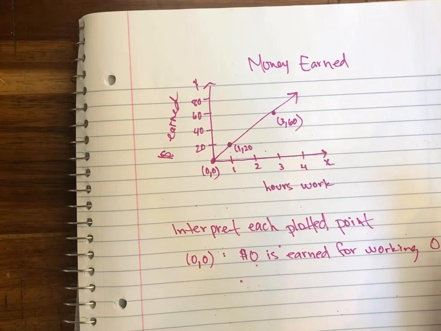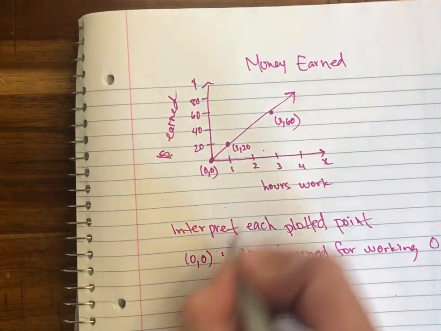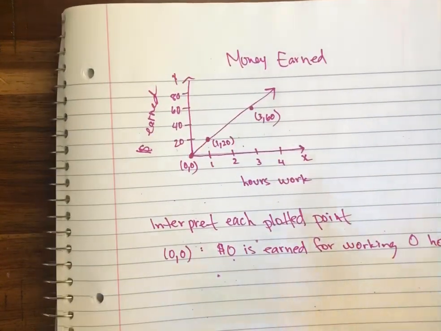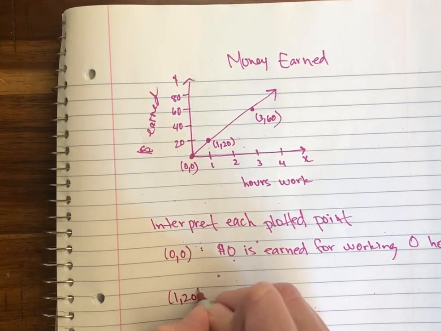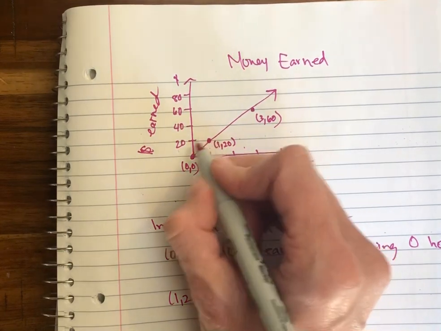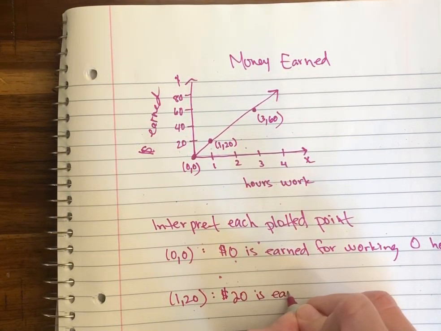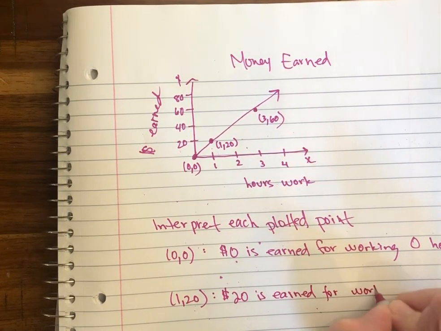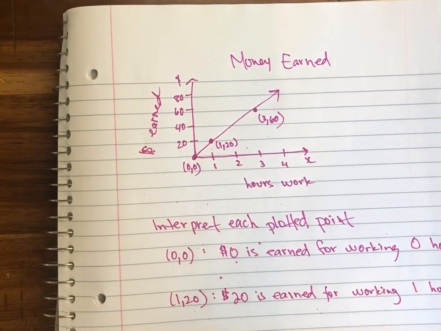Duh. That one's kind of funny. Okay, and then we take another plotted point that's given. Forgot the close parenthesis. 1, 20. That would be, let's see, 20 represents dollars. So $20 is earned for working 1 hour. And I think you'll get the idea.